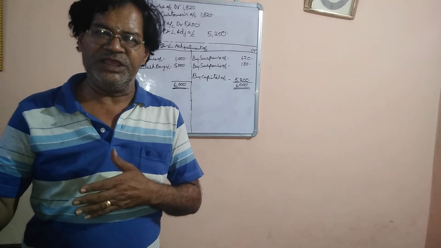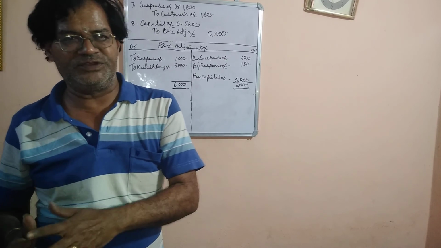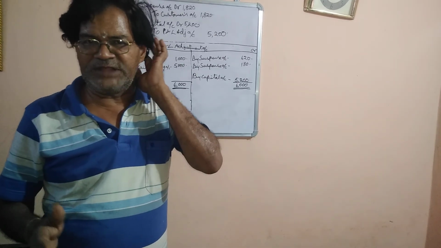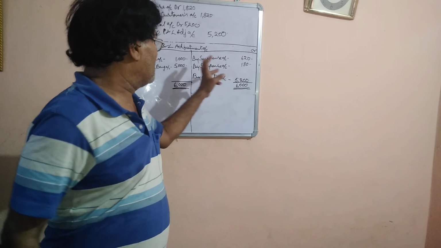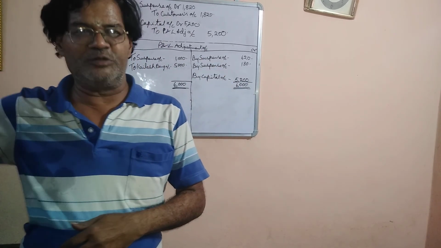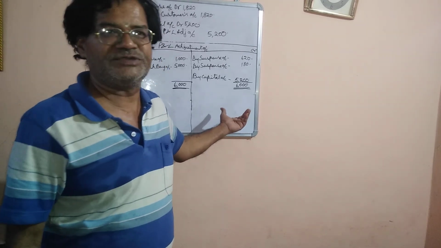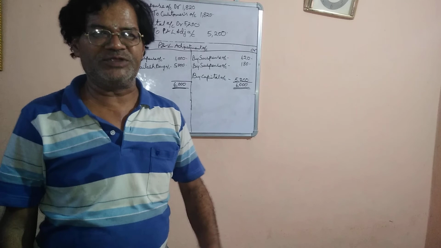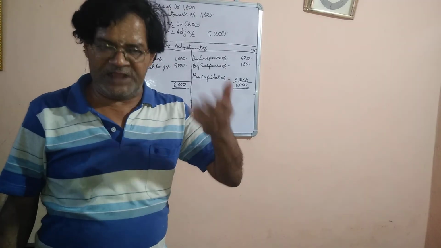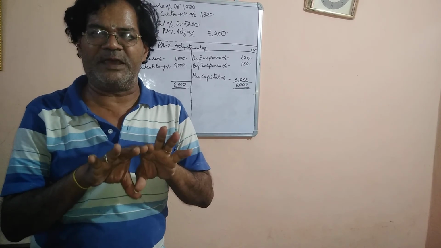We have to see the suspense account as well as the profit and loss adjustment account. Whatever loss we come across in the profit and loss adjustment account, we transfer to capital account and deduct it. Again we will have 8,580 rupees in suspense account. It means that still we have to rectify. Then only the suspense account will become nil.